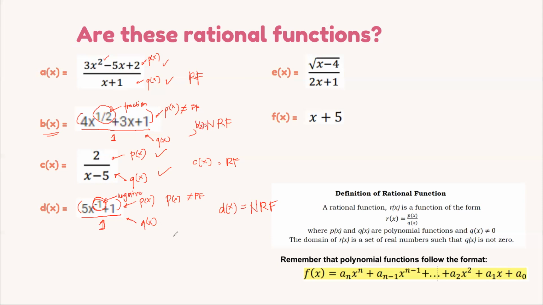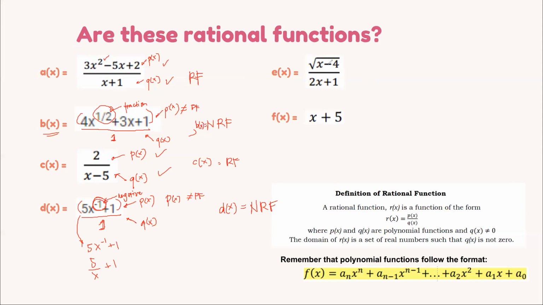Even if we simplify it further, for example, from earlier, let's say 5x minus 1 plus 1, this is just equivalent to 5x plus 1, and so on and so forth. So it is still not a rational function.